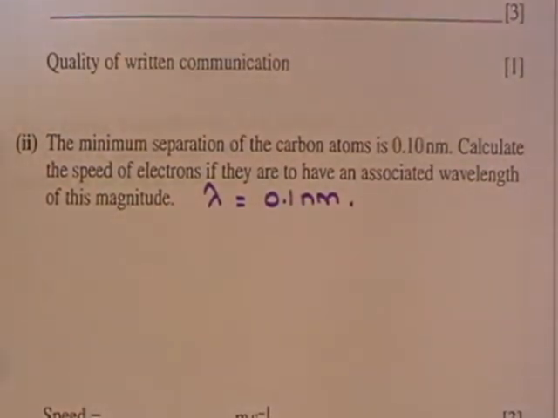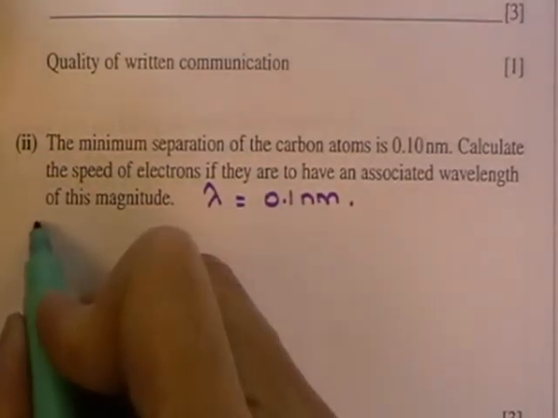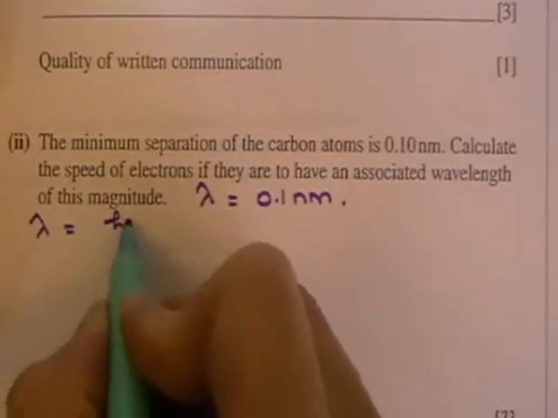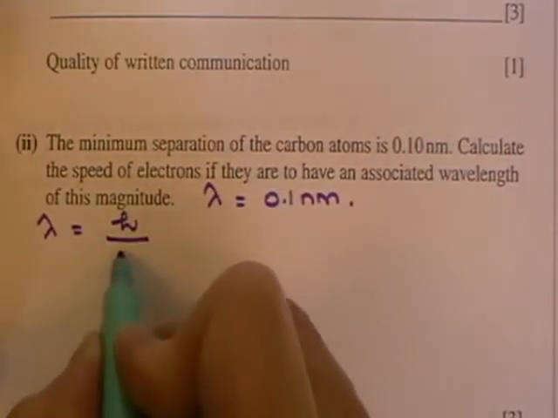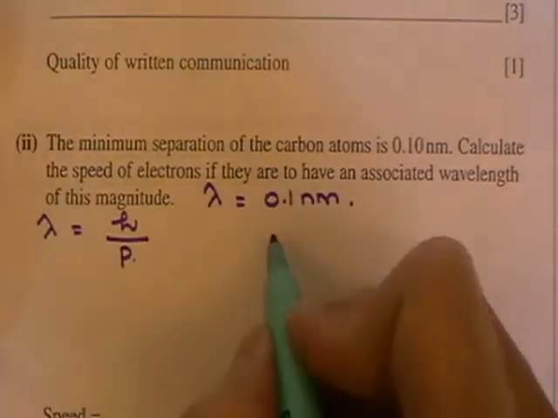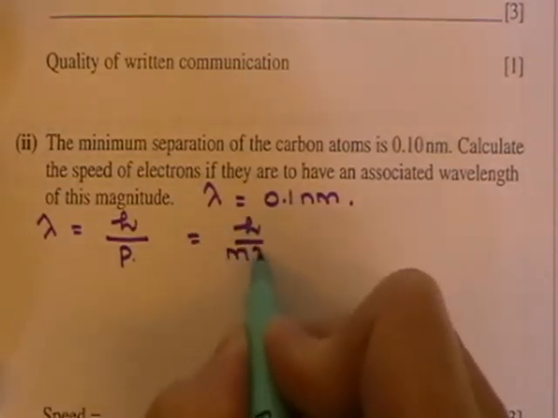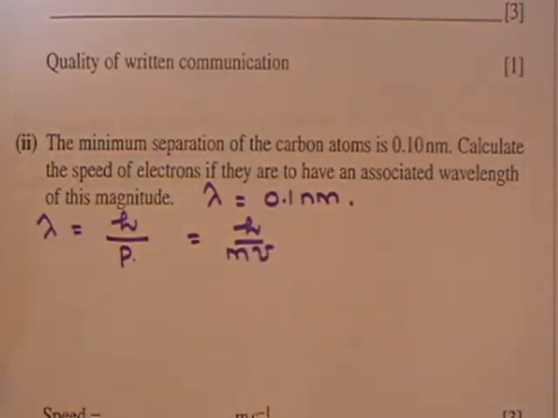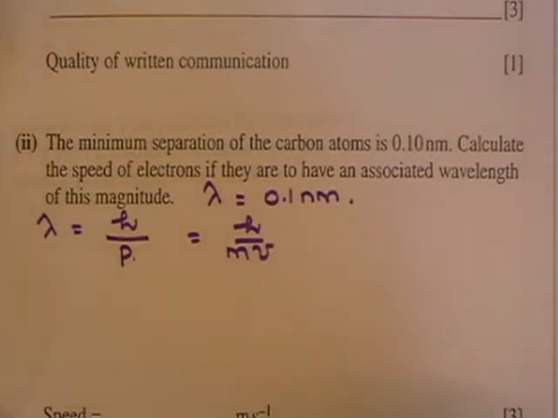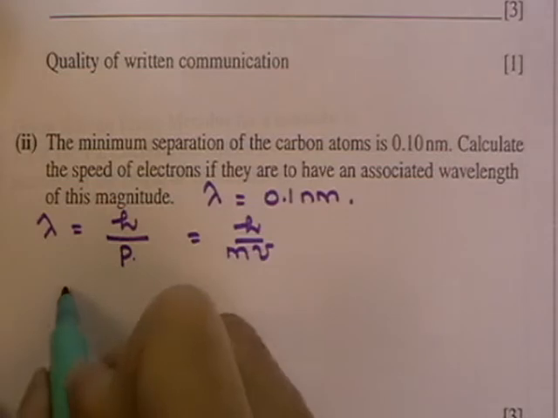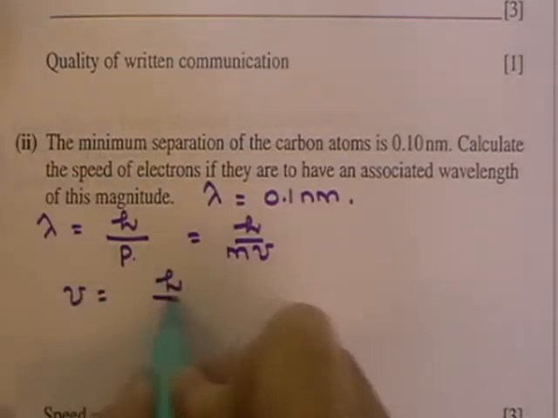Now you have an equation that lambda is equal to h, which is Planck's constant, over the momentum. And momentum is equal to mv, so that's equal to h over the mass of an electron times their velocity. And therefore, if we are going to calculate a value for v, it is h over m lambda.